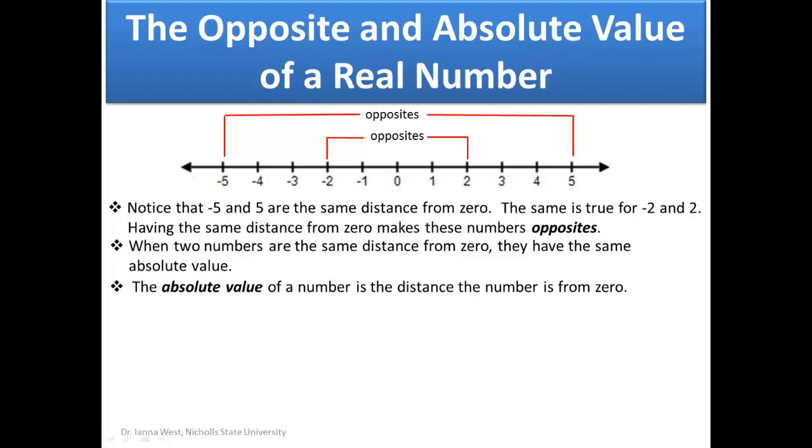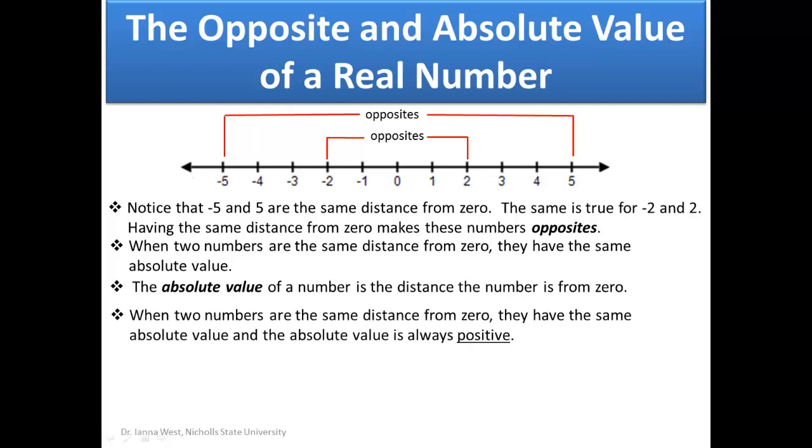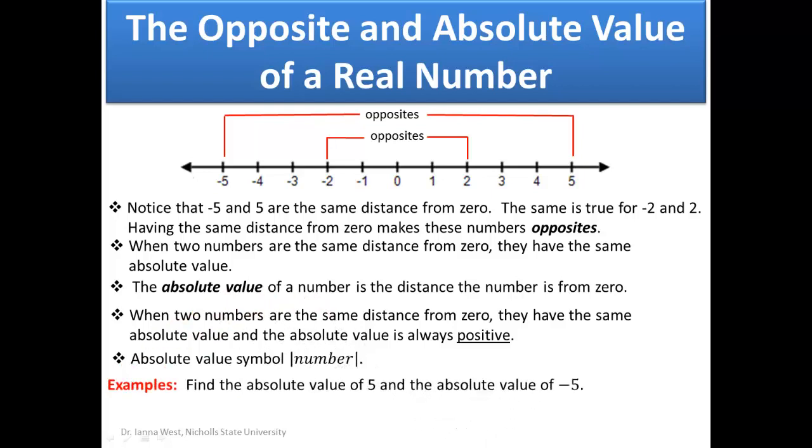When two numbers are the same distance from 0, they not only have the same absolute value, but the absolute value is always positive. The symbol used to represent absolute value is two vertical line segments on either side of the number. We will use the absolute value symbol, and we will look at some examples.